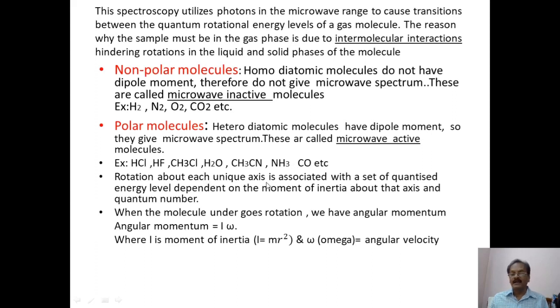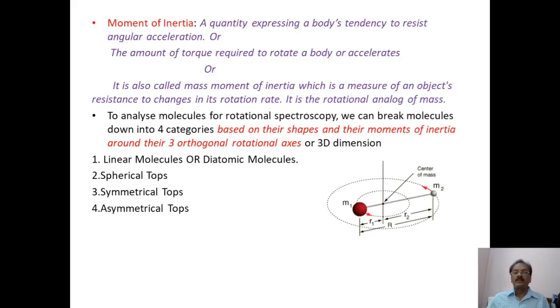Rotation about each unique axis is associated with a set of quantized energy levels dependent on the moment of inertia about that axis and the quantum number. When molecules undergo rotation, we have angular momentum. Angular momentum is equal to I times omega, where I is the moment of inertia and omega is the angular velocity. Now let us understand what is meant by moment of inertia.